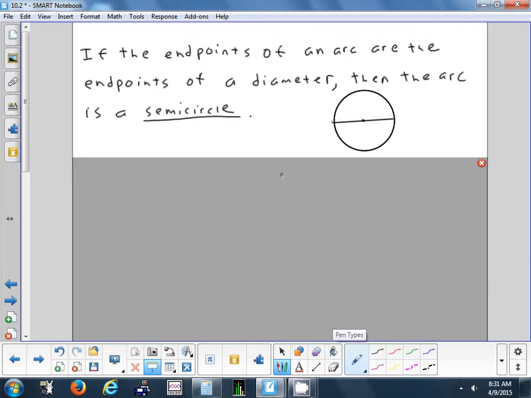If I were to make an arc from here to here, going like that, because the endpoints of my arc are right on the endpoints of a diameter, I just covered half the circle. That's a semicircle. Anyone think they know how big that arc would be in red? Yeah, it's 180 degrees.